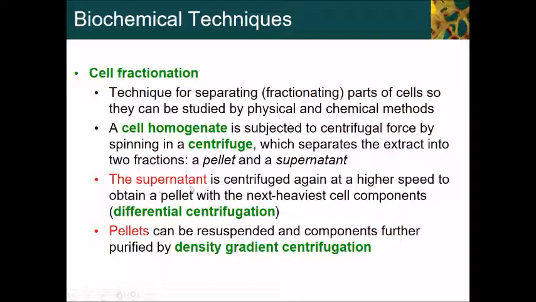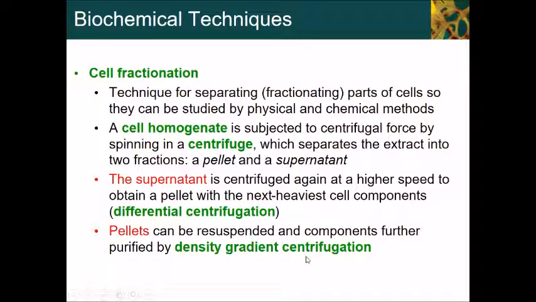So the supernatant is centrifuged again at a higher speed to obtain a pellet with the next heavier cell component. The pellet is usually heavier compared to the supernatant, that's why the pellet will be at the bottom. Then the pellet can be resuspended and the components can be further purified by density gradient centrifugation.